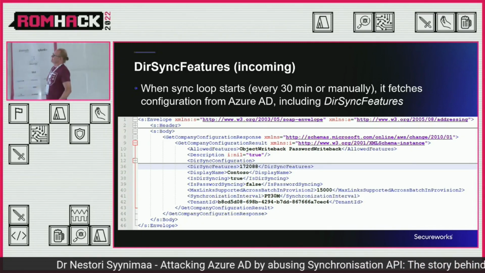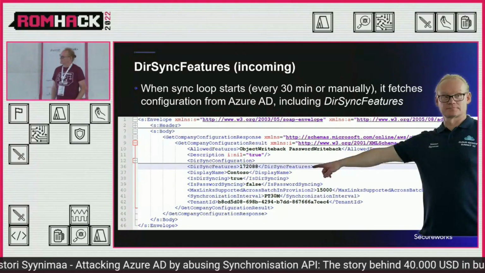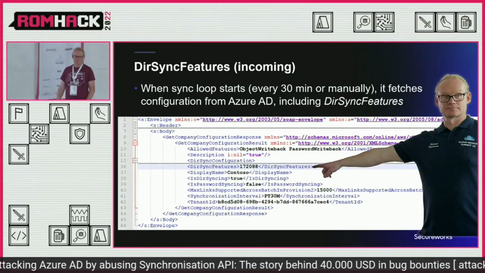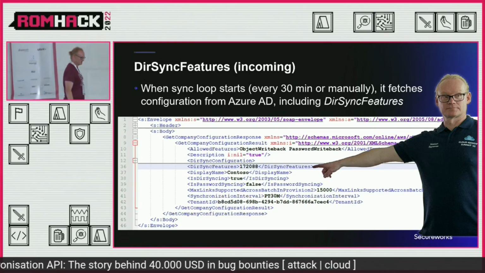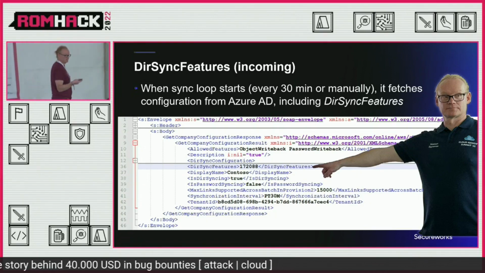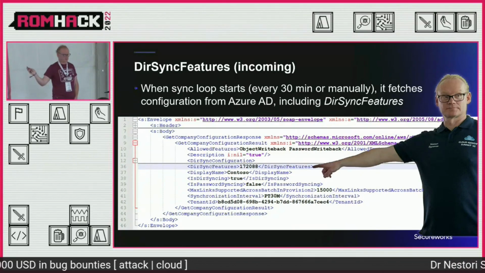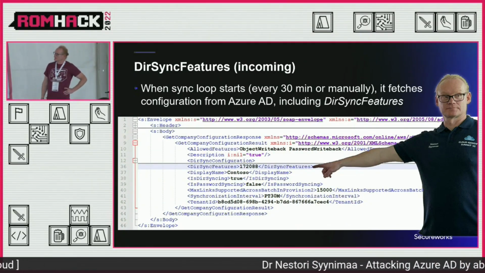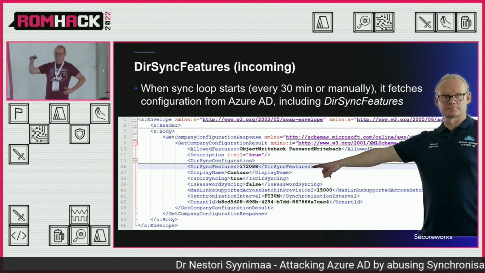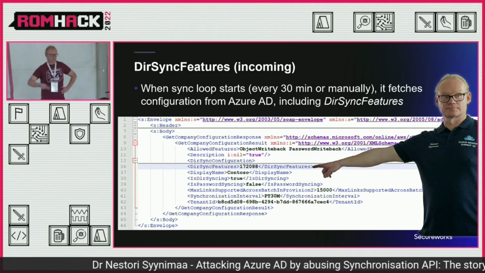And there's a parameter called DirSyncFeatures. It's a number, right? 172088, and that's quite self-explanatory, right? You know what that means? No, me neither. But the configuration is fetched every time you run the synchronization.